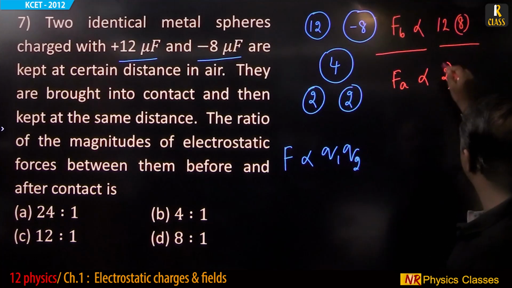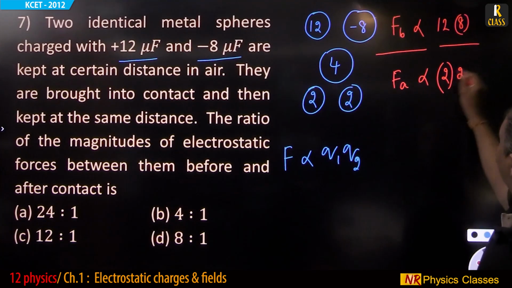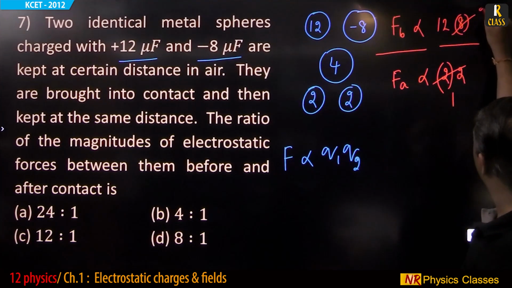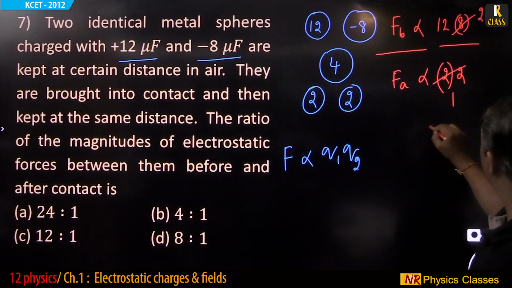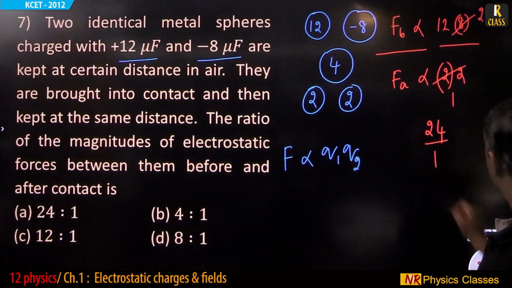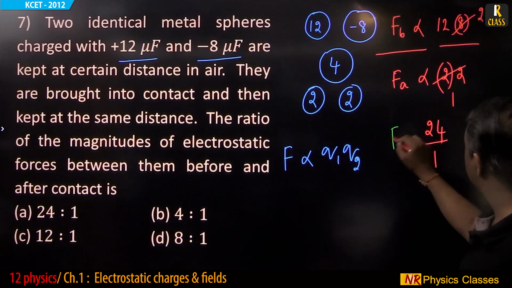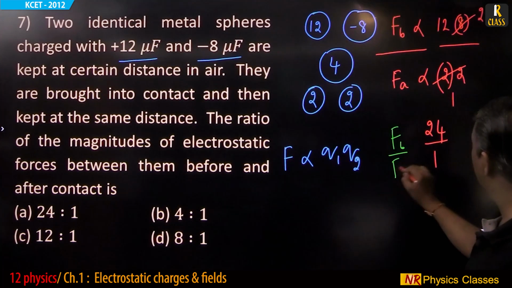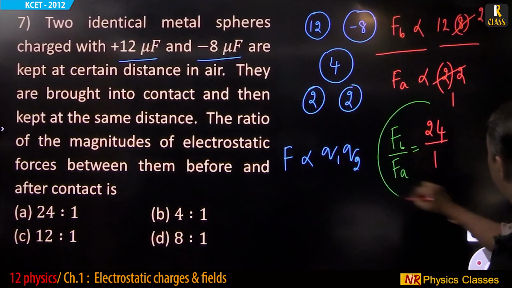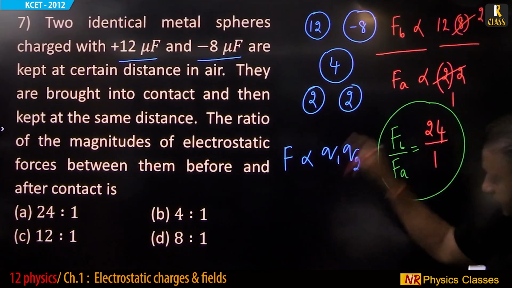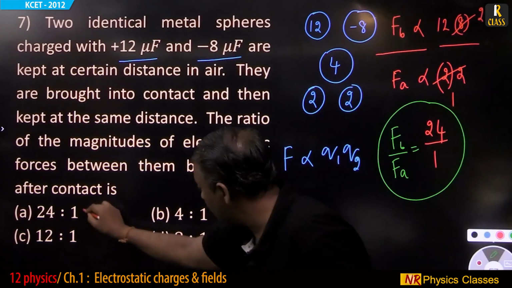Now divide one by the other. 4 into 1, 4 into 2, 12 into 2, 24 by 1. So force before by force after is 24 by 1.